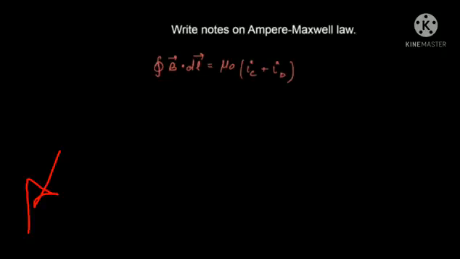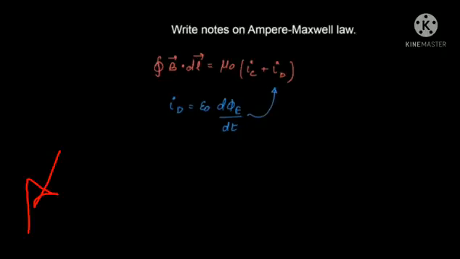Now we know that the displacement current ID is equal to epsilon naught times the rate of change of electric flux, which can be written as d phi E by dt. In this equation, phi E is the electric flux, so d phi E by dt represents the rate of change of electric flux.